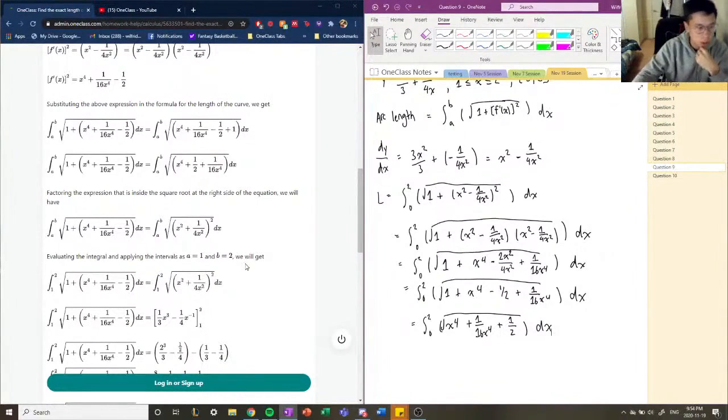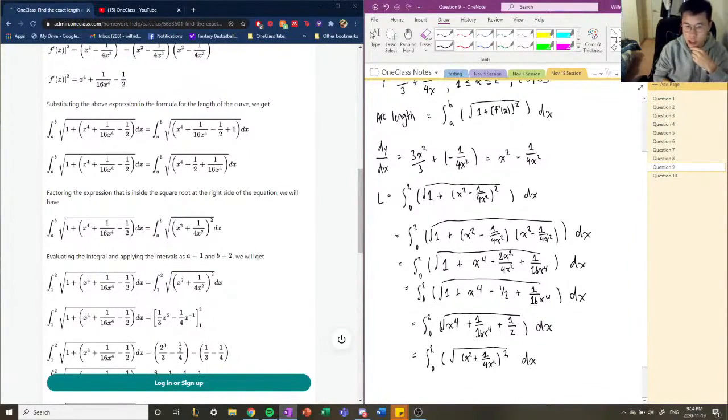Now we can rewrite x to the power of 4 plus 1 over 16x to the power of 4 plus a half as x squared plus 1 over 4x squared, all squared. It's just a perfect square, you could say.